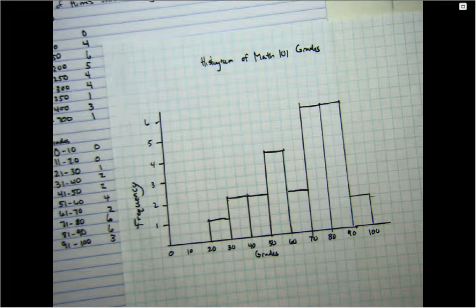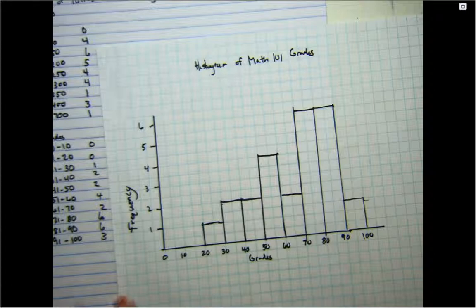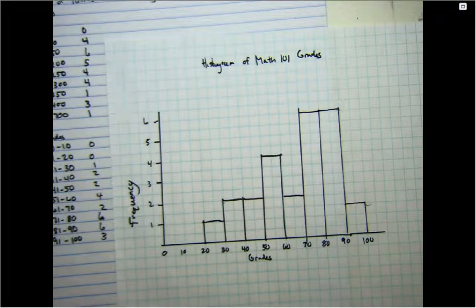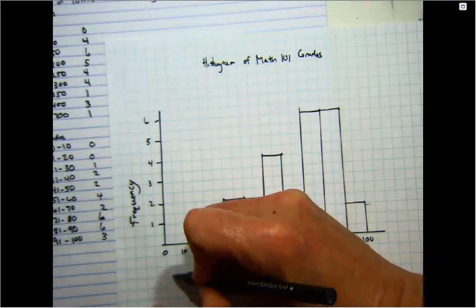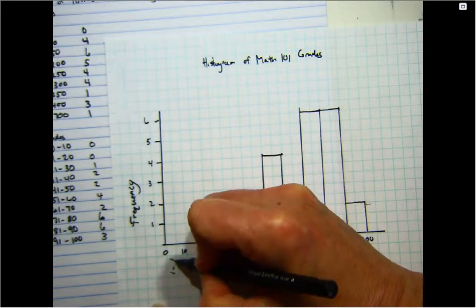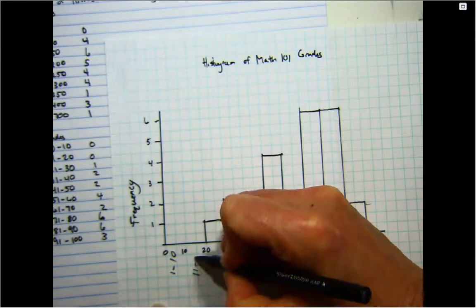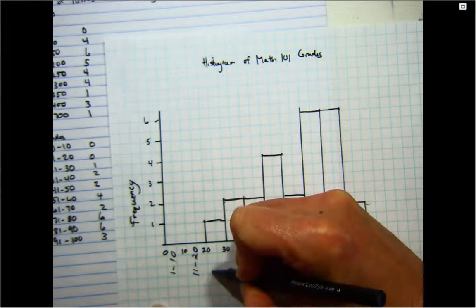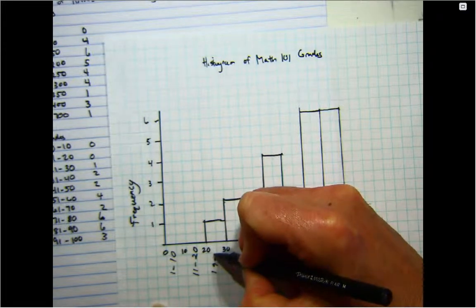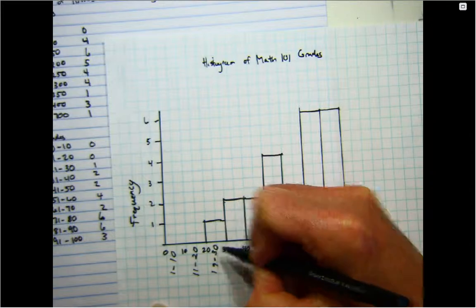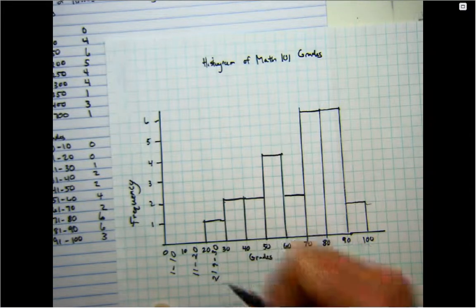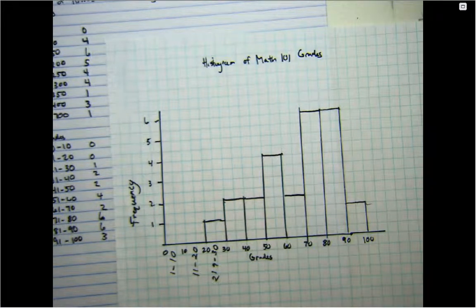For the bottom axis, instead of having 10, 20, 30, could you have 1 to 10, 11 to 20? Yeah, if you do that, 1 to 10 like that, 11 to 20, 21 to 30, like that, yeah, you can do that.